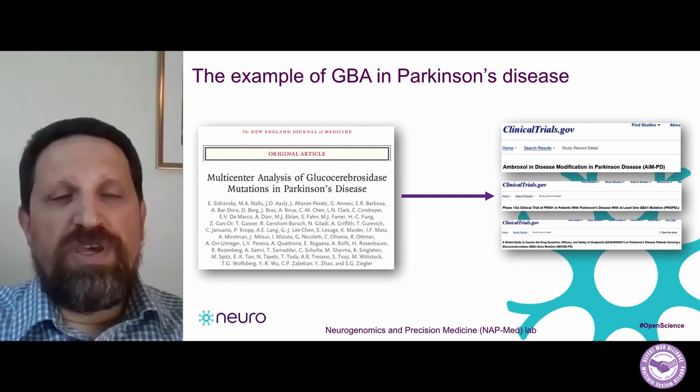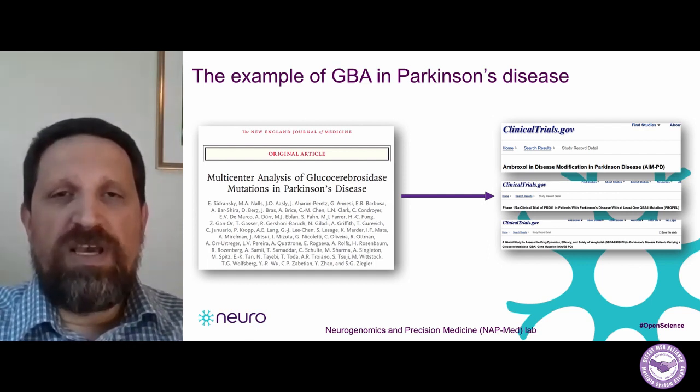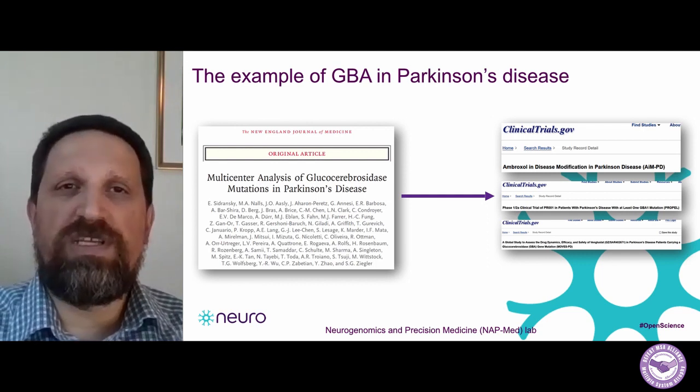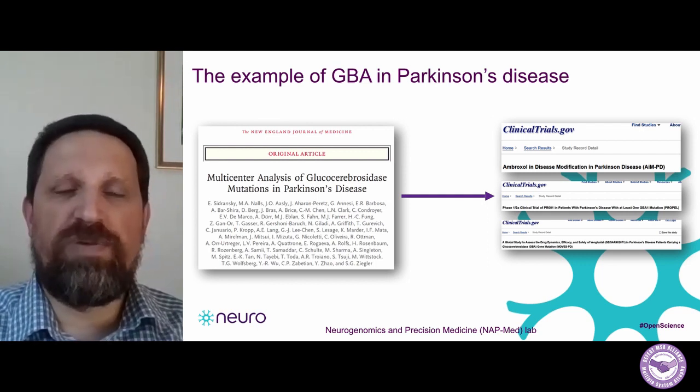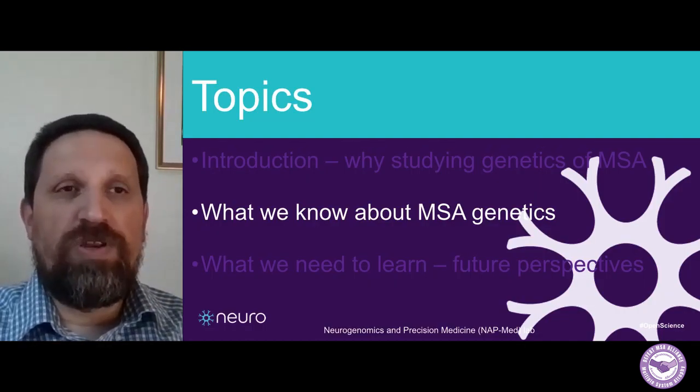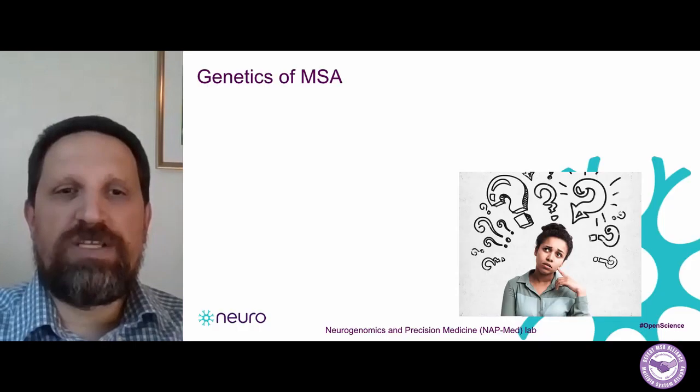And we hope that the same thing will one day happen in MSA, but again, we are a lot more advanced in Parkinson's disease than we are in MSA, and we know a lot less about MSA. So let's talk a little bit about what we know in MSA genetics.